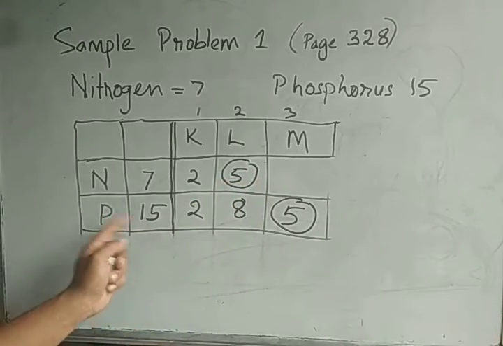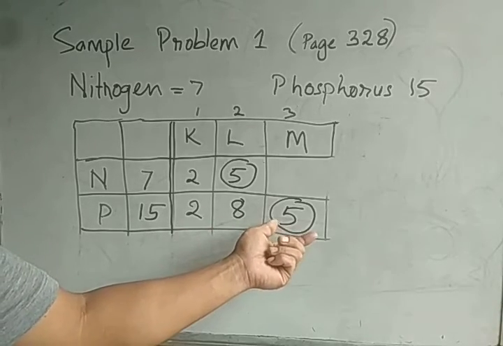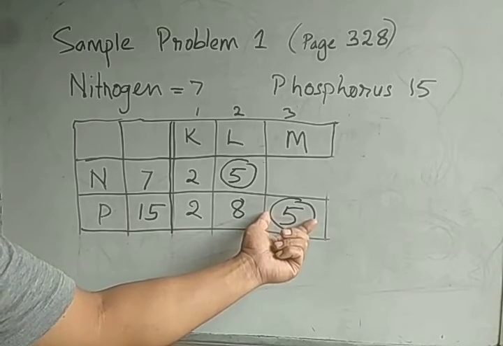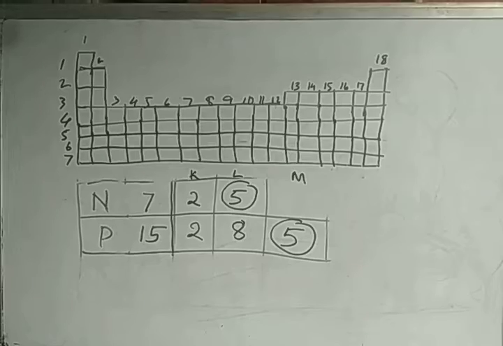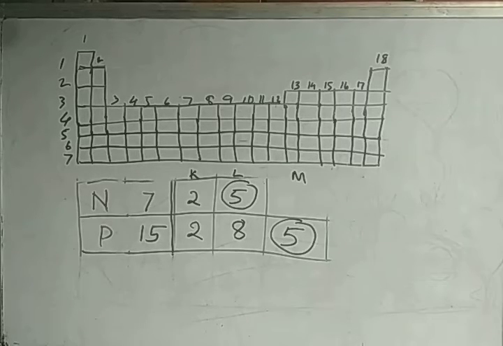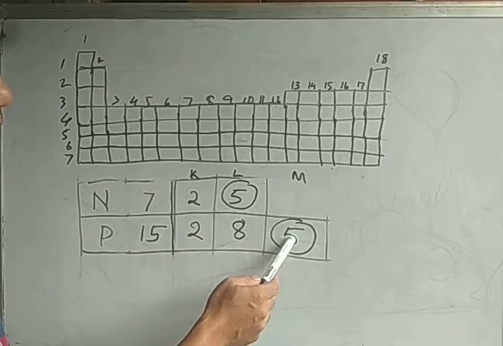And phosphorus has 3 shells, K, L and M. In the M shell it has 5 electrons. This is the valence electrons. We know that both of them have these 5 electrons in the outermost shell.